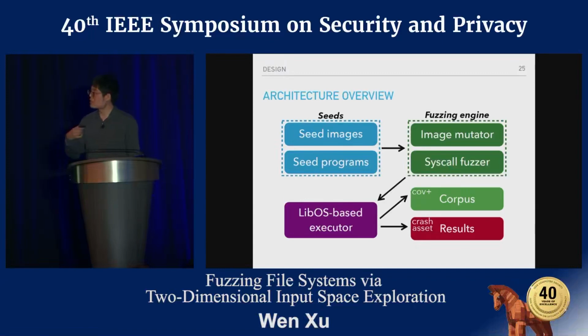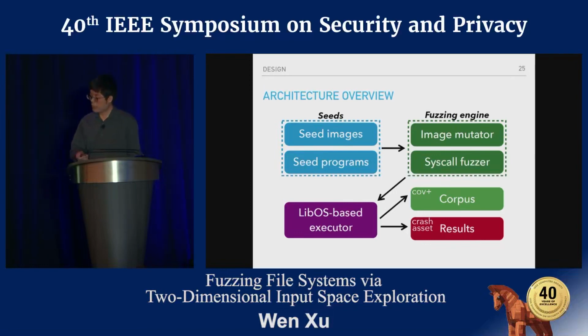Janus accepts seed images and seed programs, and its fuzzing engine consists of the image mutator and the syscall fuzzer. And then by generating new mutated images and new syscall sequences, we use a library OS-based executor to mount the mutated image and execute the generated syscalls. If there's new coverage, we save both the image and syscalls. If there's a crash, then we record it also.